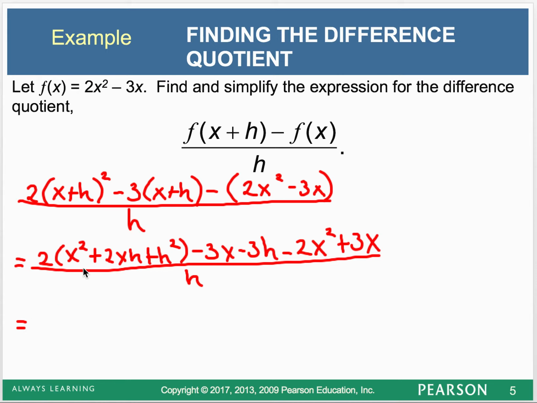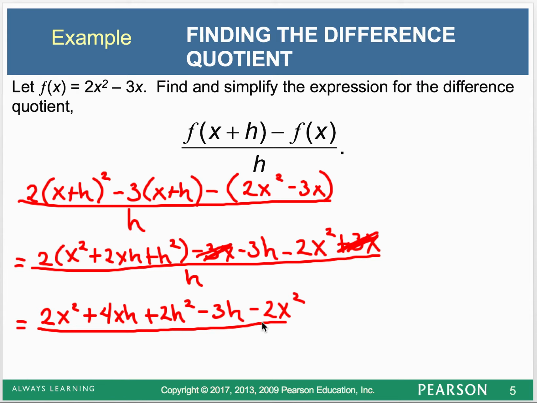Now let's distribute that 2. And look, as I'm going along and combining like terms, I have this minus 3x plus 3x. So now I've got 2x squared plus 4xh plus 2h squared minus 3h minus 2x squared, all over h. Oh, now look, here's 2x squared minus 2x squared.